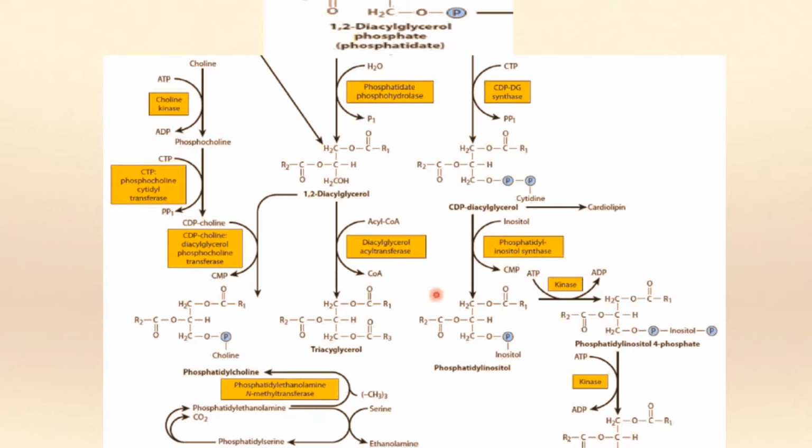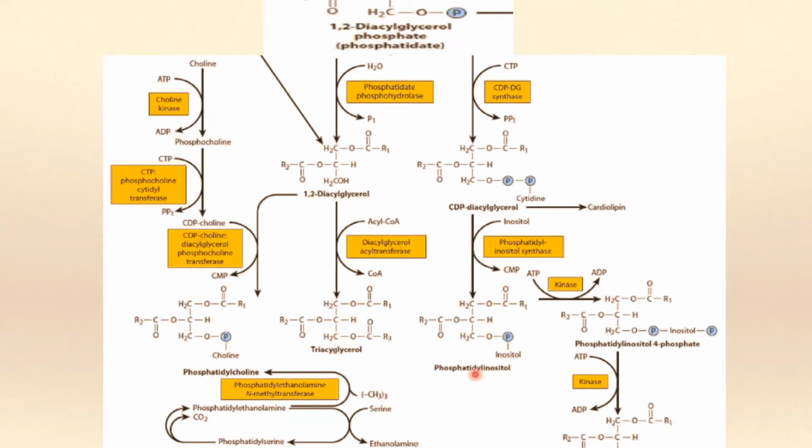Now this phosphatidylinositol is a very important plasma membrane phospholipid because it is involved in various activities like second messenger signaling, signal transduction, and so on.